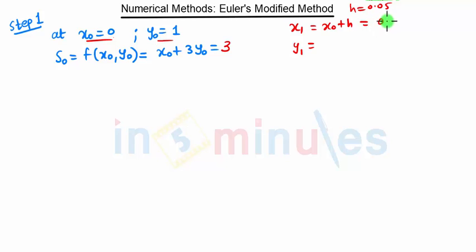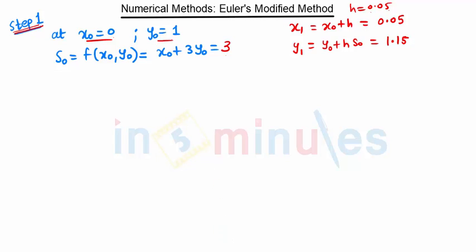So our x1 will be 0.05. y1 is y0 plus h times s0. This is the basic formula we should remember. So y0 is 1, h is 0.05, s0 is 3. When we substitute all these values, we will get y1 as 1.15. So these are the basic steps in step 1.